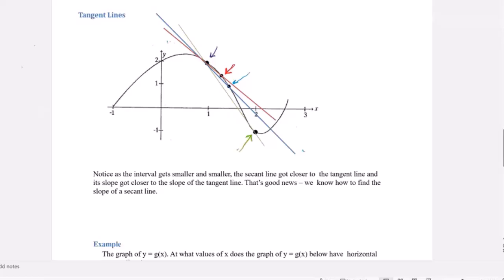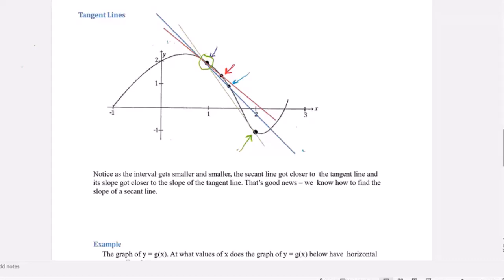And you can see that as I get closer to the value at 1, the slopes of the lines are changing little by little. The closer I get, the closer we'll get to the tangent line. So I think that's basically what this says.